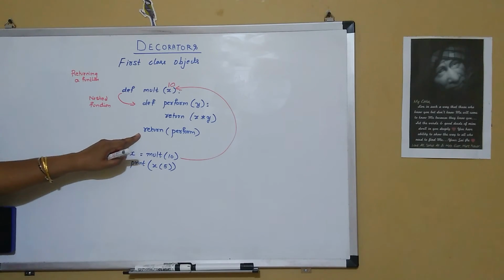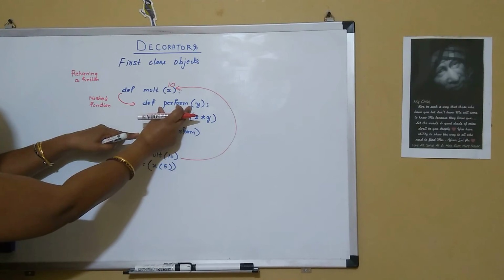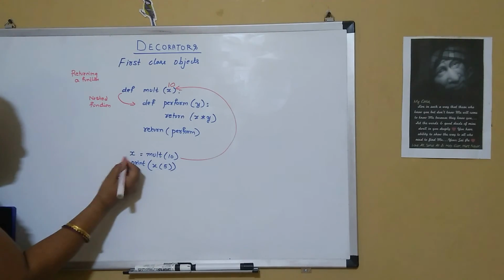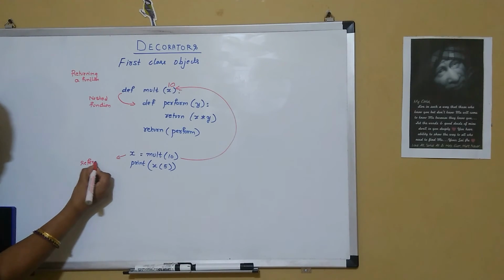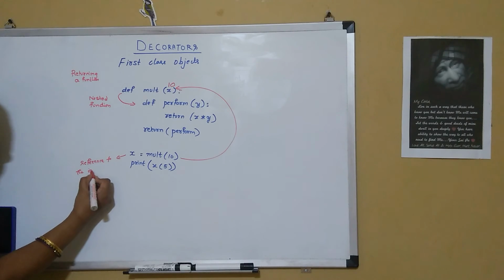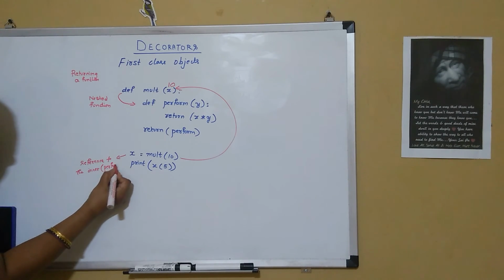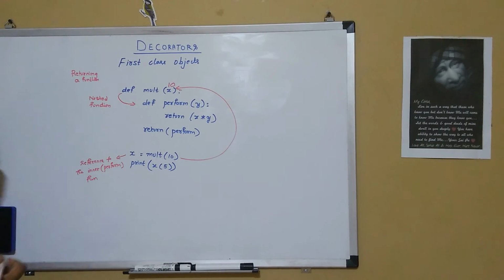It comes to the return statement and returns the reference to this particular function. So it will pass the reference of this function to x. So x will have the reference to the inner function, that is perform function.